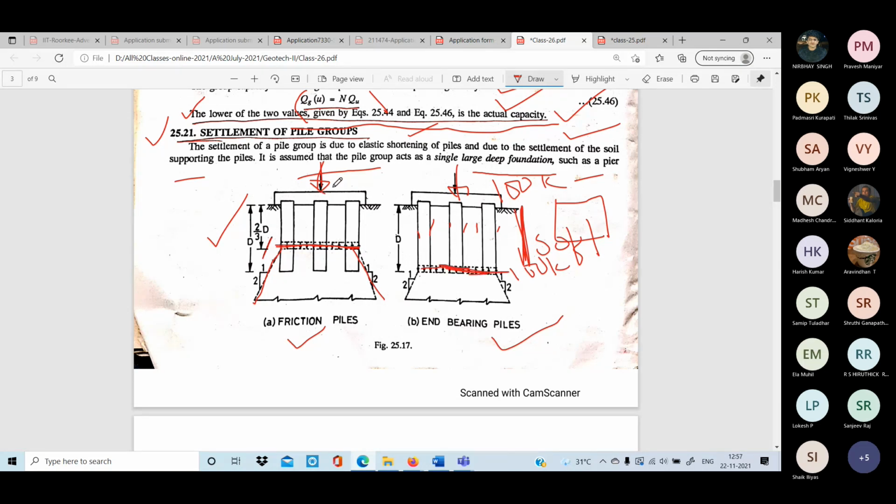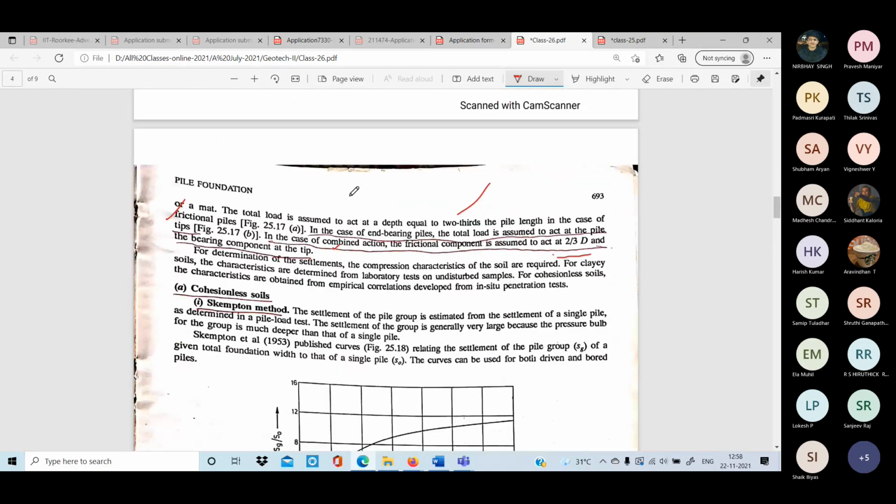But this is not the case here, because friction will take some load. So where exactly is the ultimate load acting? For a frictional pile, it acts at two-thirds of the depth D, that means here. That is what the meaning is all about.